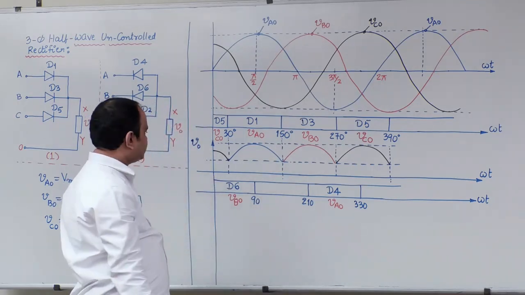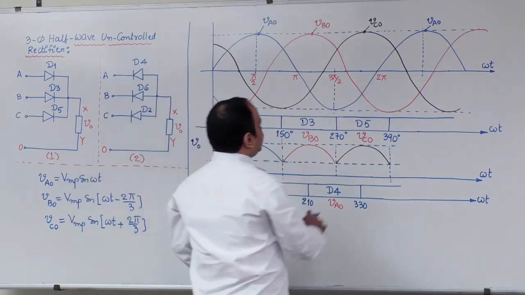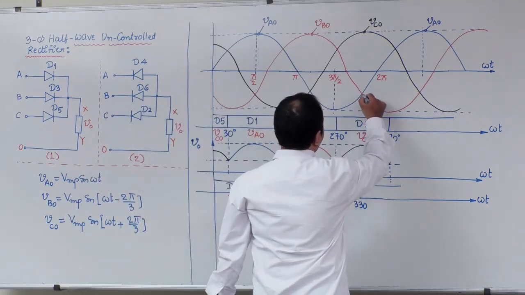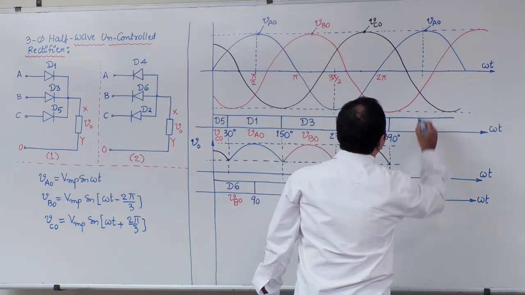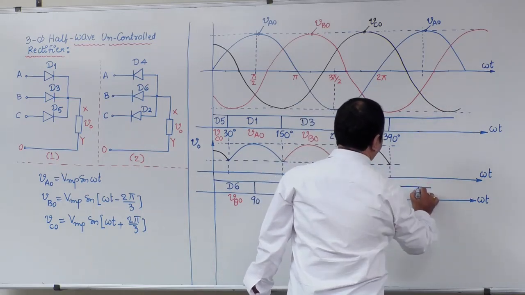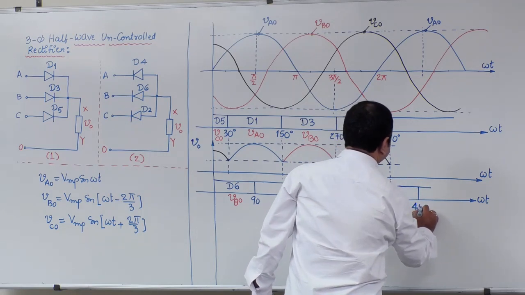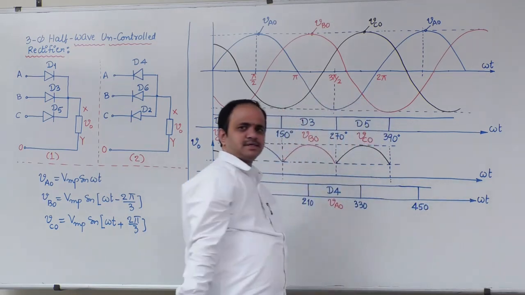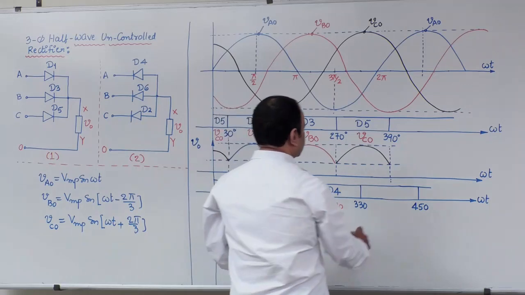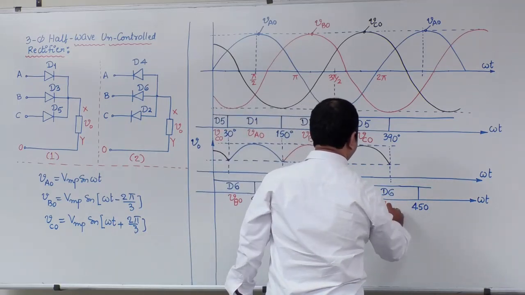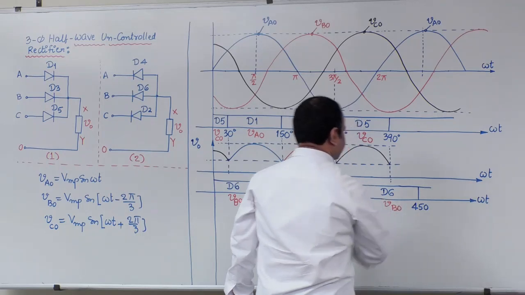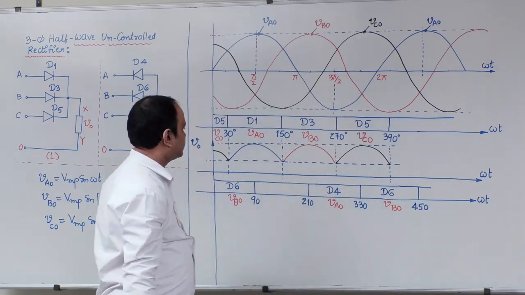Again, D6 will conduct from 330 to 450 degrees. So in this interval, D6 will forward bias. Hence, the output voltage is VBO.